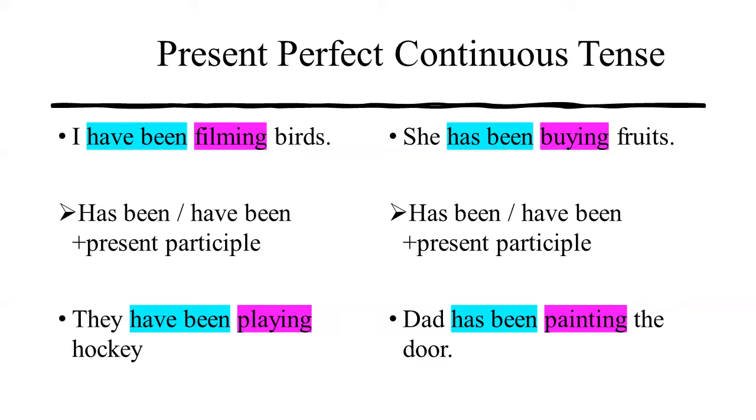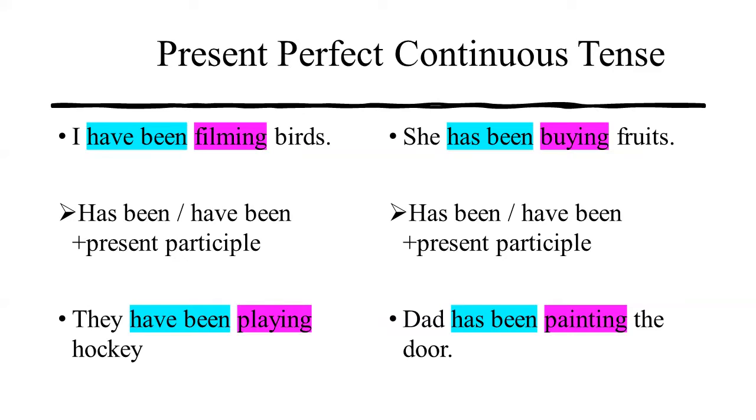You can see in the structure have been and has been, as in the second example, she has been buying fruits. Now look at all four examples. They have been playing hockey. Dad has been painting the door. In all four examples, we have the auxiliary verbs have been and has been used here.